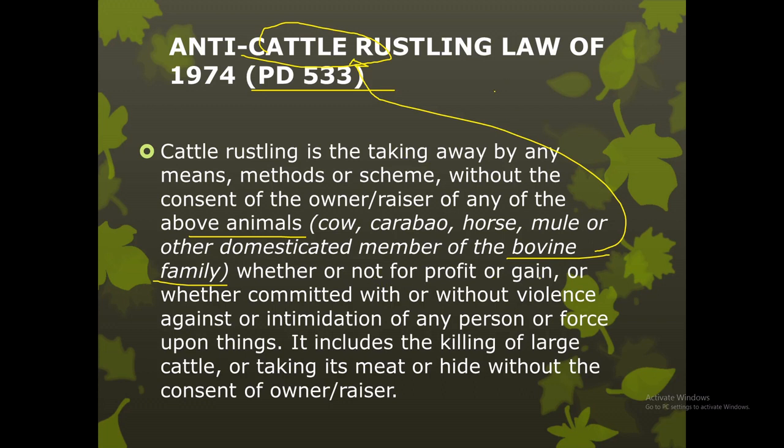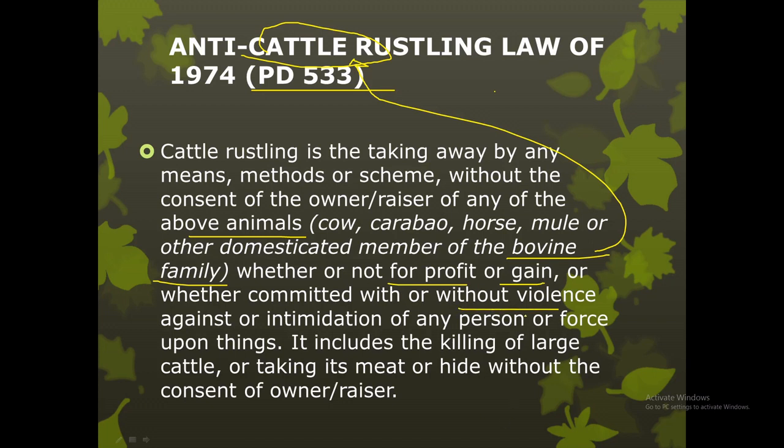Whether or not for the profit or gain, whether committed with or without violence against, intimidation of any persons, or force upon things. It includes killing of a large cattle or taking its meat or hide without the consent of the owner. So, dito, ang nanakaw mo naman is mga hayop na kabilang sa bovine family. Ngayon, pwedeng whether or not for profit or gain. Pwedeng itago mo lang siya kasi naiinis ka dun sa may-ari, ganyan.